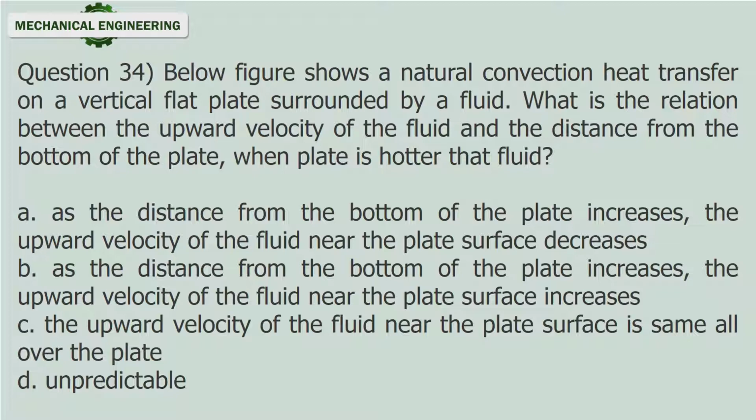B. As the distance from the bottom increases, the upward velocity of the fluid near the plate surface increases. C. The upward velocity of the fluid near the plate surface is same all over the plate. D. Unpredictable.